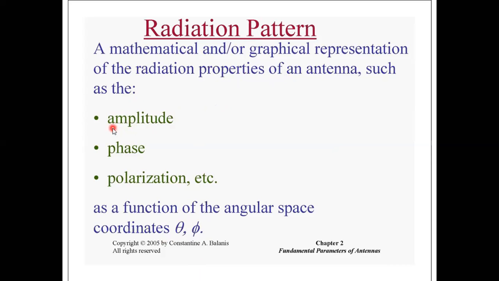Here the amplitude, phase, or polarization can vary as a function of theta and phi. For example, we studied in mathematics what is f of x. F of x means it is a function and x is a variable. Similarly here the radiation pattern varies as a function of theta and phi.